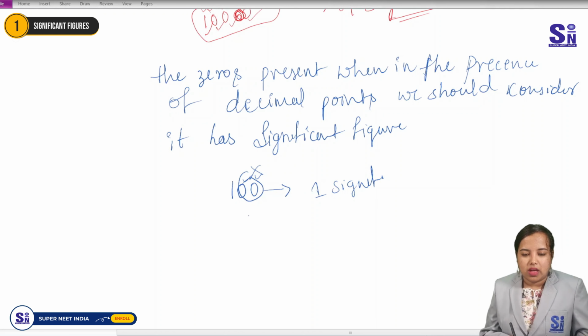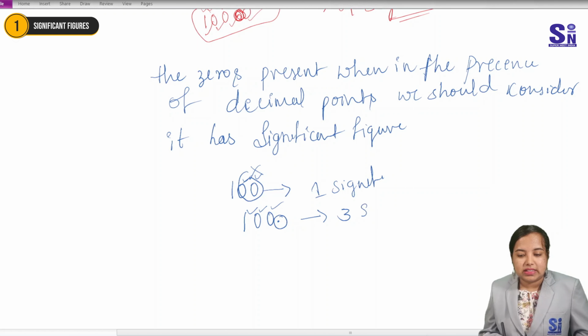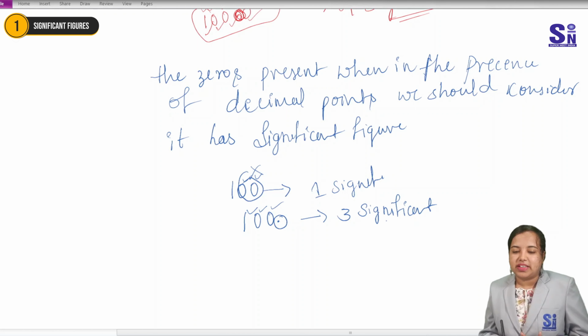Okay, if I write it here, I will put a decimal point here. So in this type we have to choose all the 3 digits. 1 2 3, all the 3 digits are significant. Okay, so all the 3 digits are significant, and it is important to consider. Because of this small fellow, that is the decimal point.